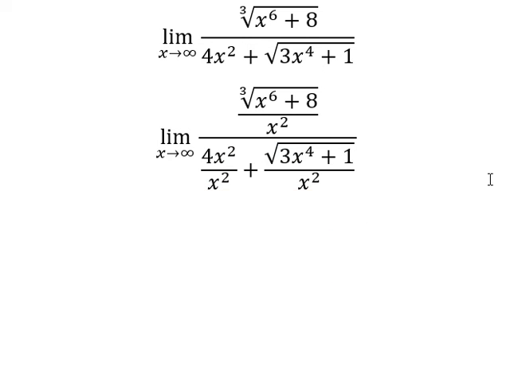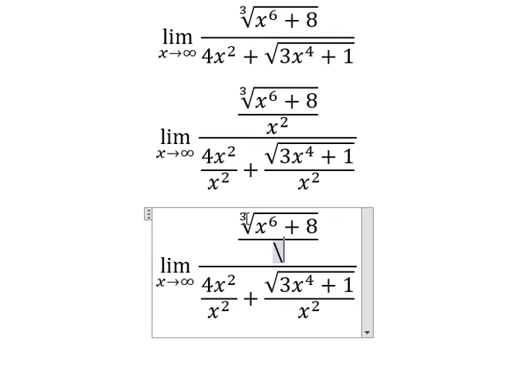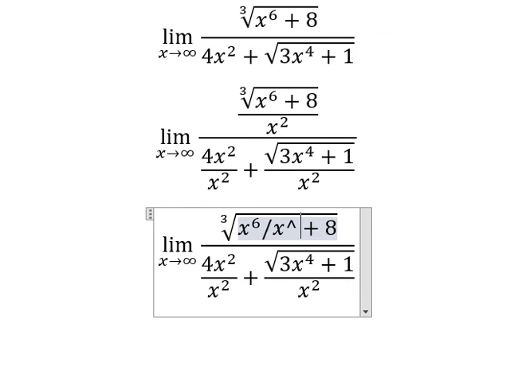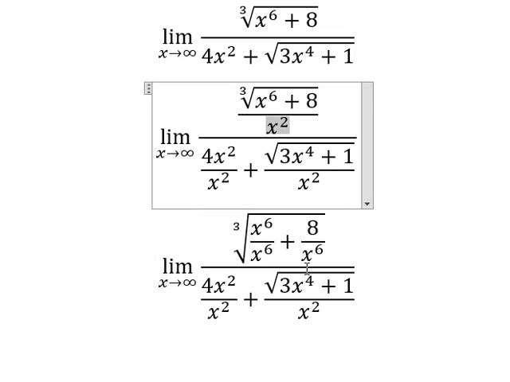Next, this one will go inside the cube root. So that should be like this. And we have s to the power of 6 and s to the power of 6 because the cube root of s to the power of 6 we have s squared.